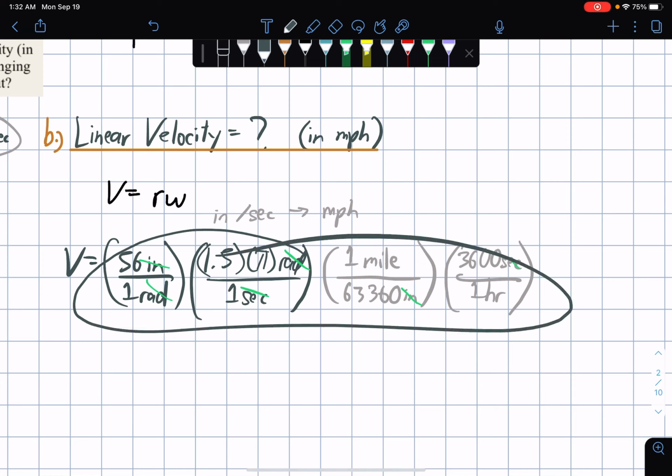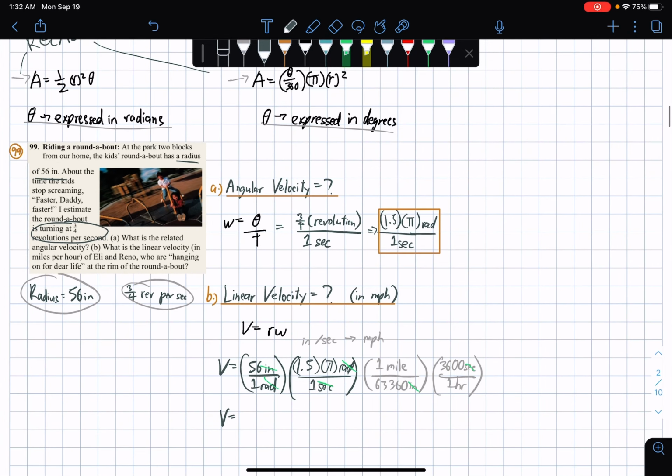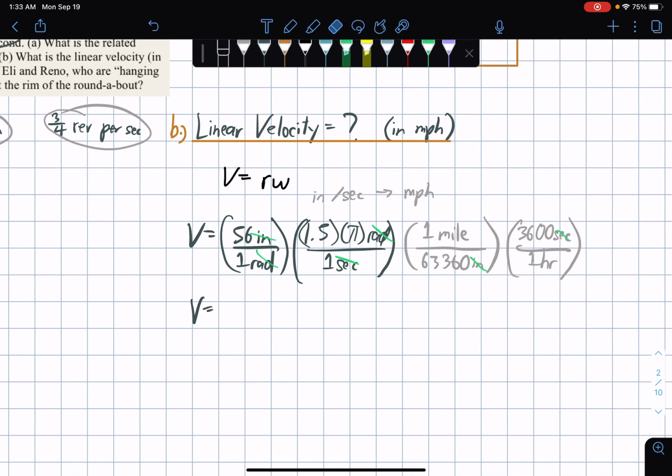Put all the values we have left in the scientific calculator, and we get something that's not exactly equal, but in approximation, the answer is 15 miles per hour. That is the linear velocity.